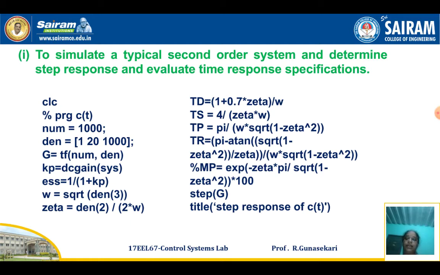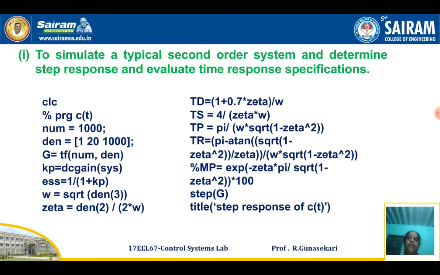Zeta is denominator 2 divided by 2 multiplied by omega n, where denominator 2 is 20. Then Td, you already know the formula, 1 plus 0.7 zeta divided by omega n. Ts, the settling time, is 4 divided by zeta times omega n.